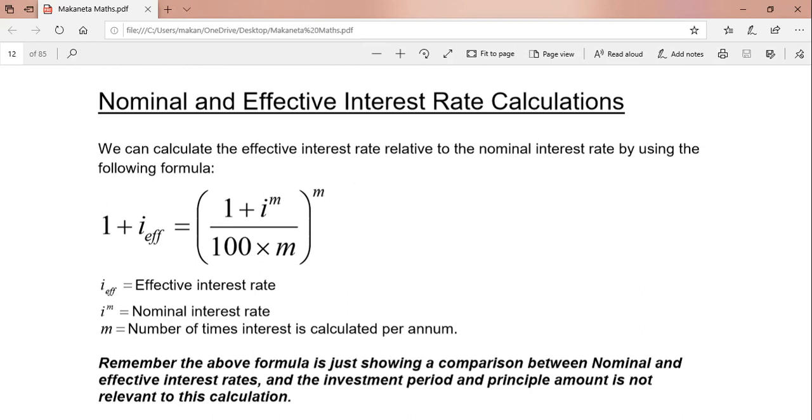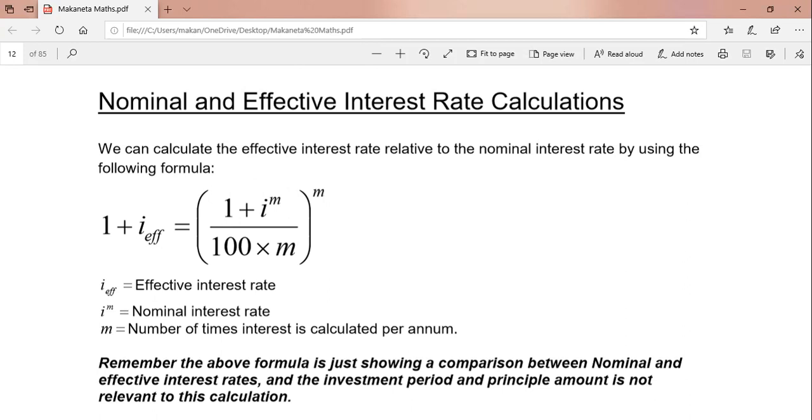So we can calculate the effective interest rate relative to the nominal interest rate by using this formula. So this formula is also very important, apart from the one that I gave you, where you have A as well as P, then you can use the formula which I spoke about.